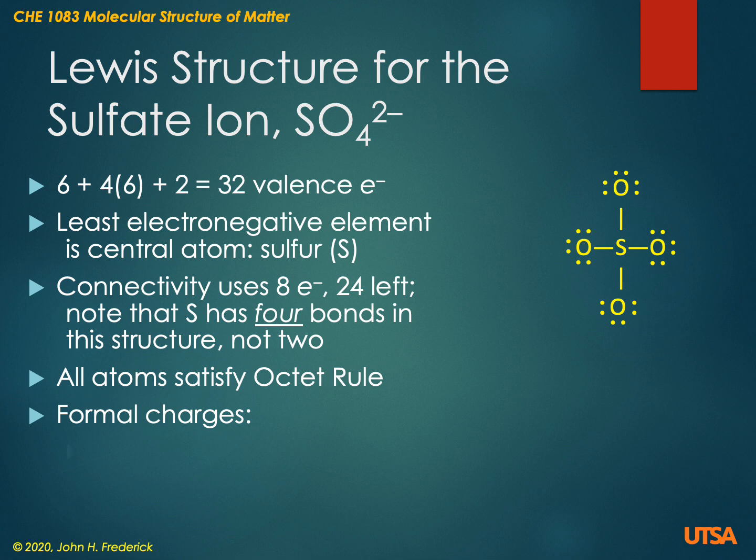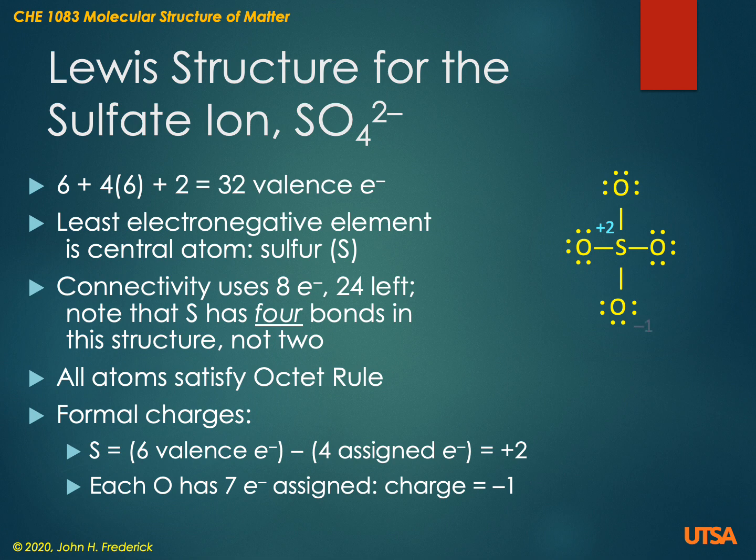And if we calculate the formal charges, we would find that sulfur normally has 6 valence electrons. It only has 4, 1 for each bond, so now it has a +2 charge. That's interesting. Each of these oxygens represents that same common circumstance where oxygen has 1 bond and 6 non-bonding electrons, so it has a formal charge of -1.